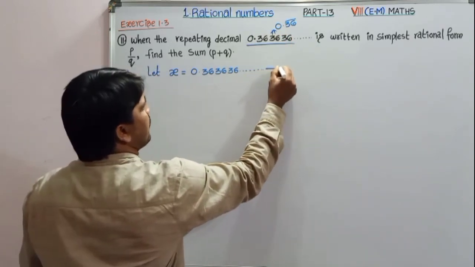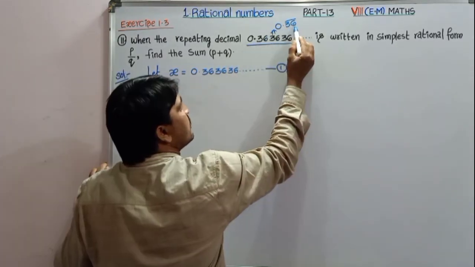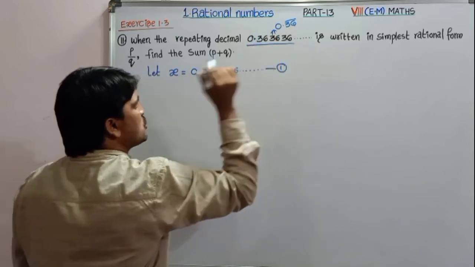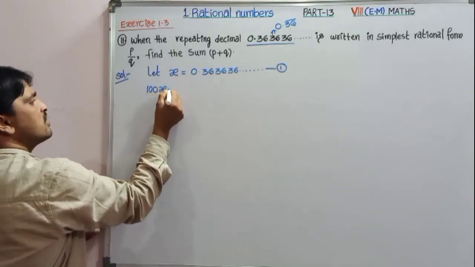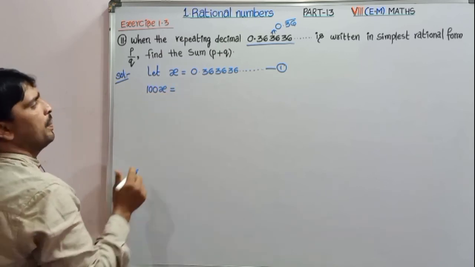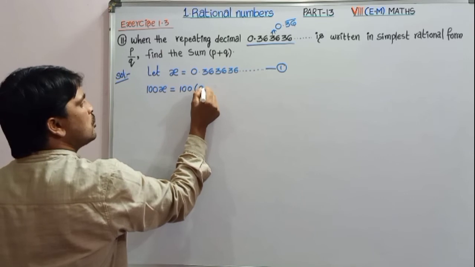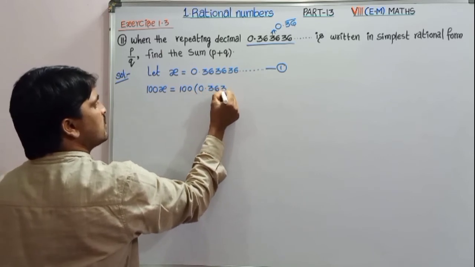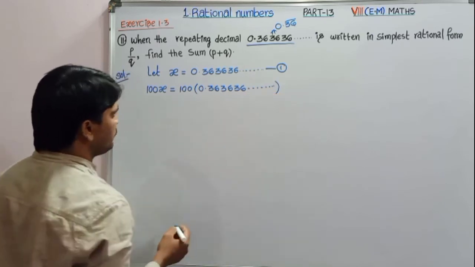Let it be equation 1. Since the periodicity of 0.36 bar is 2, we have to multiply both sides of the equation by 100. That is 100 into x equal 100 times 0.363636.